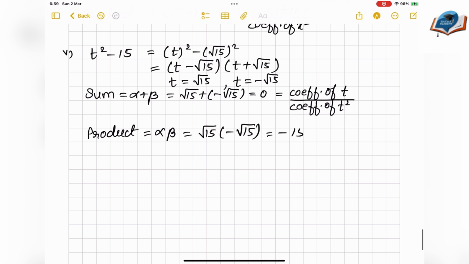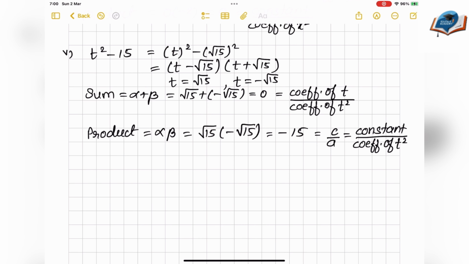So that will be minus 15. So which is equal to C by A, which is equal to coefficient constant upon coefficient of t square. Here it is t.